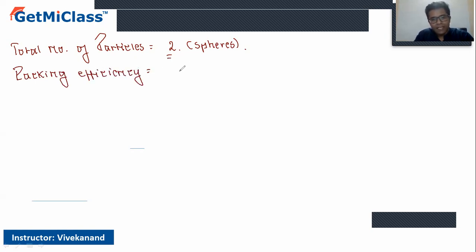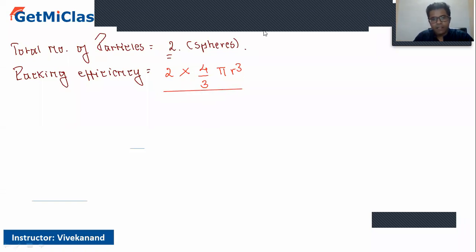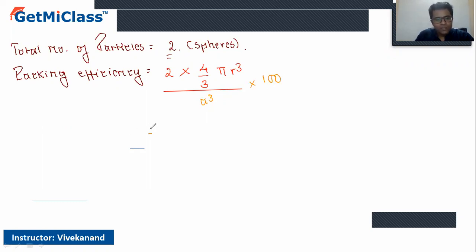It is equal to, as we have 2 spheres, 2 into 4/3 pi r cube, which is the volume for the spheres, divided by the total volume of the unit cell, which is a cubed, into 100. So this gives 2 into 4/3 pi r cube divided by a cube.